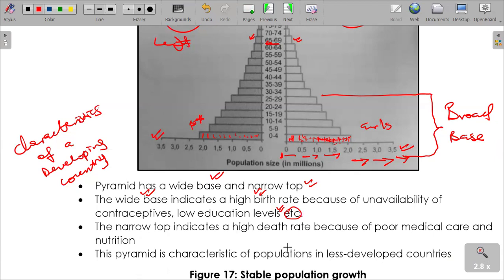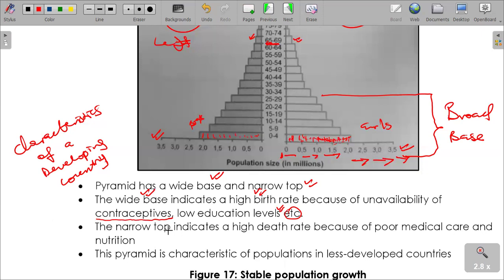It is high birth rate that is depicted by the graph, as a result of several factors. High birth rate is caused sometimes by unavailability of contraception. Contraception is any method that is used to prevent pregnancy, whether planned or unplanned.